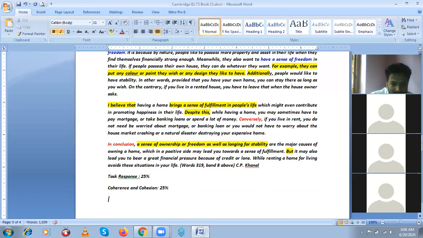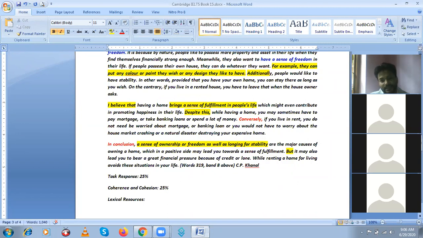And the third category is lexical resources. In simple term, you can use vocabulary.